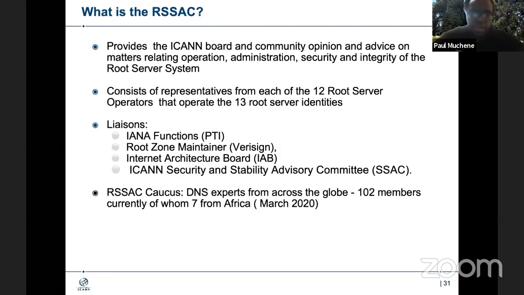Then we help formulate documents and share them with the board and the RSOs, who then present them in the form of advice to the ICANN board. So our work is to help the RSOs and the RSAC as a whole to document and investigate matters that affect the overall root server system.